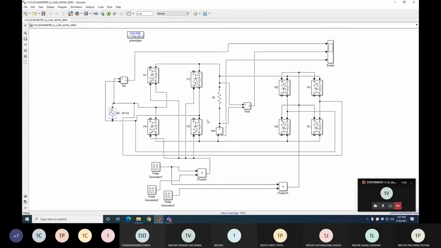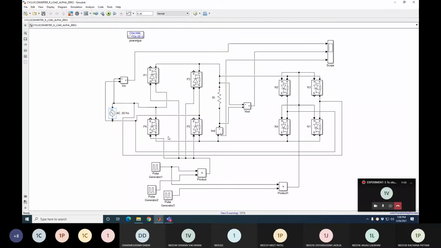I convert the output frequency F0 to 1 by 4th times Fs. 1 by 4th times Fs means that in 4 cycles of your supply, you complete 1 cycle of the output side. Clear? So at the load side, you get the output voltage in 1 cycle for the 4 input cycles. So output frequency F0 is equal to 1 by 4 times Fs.